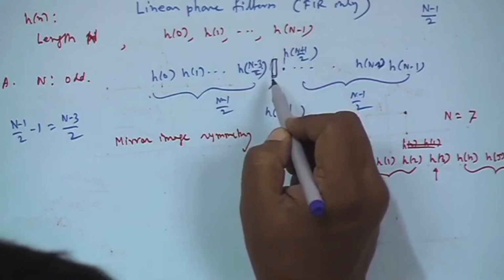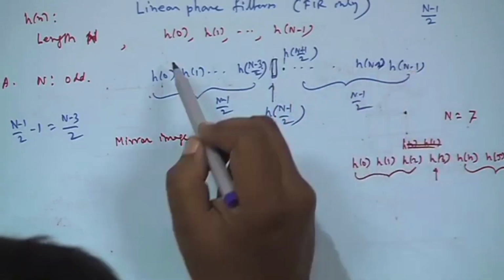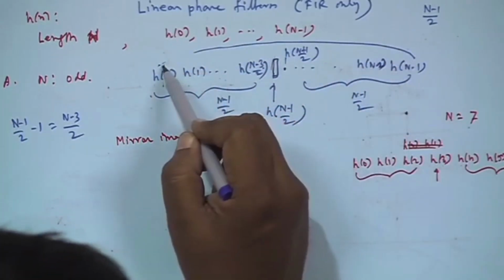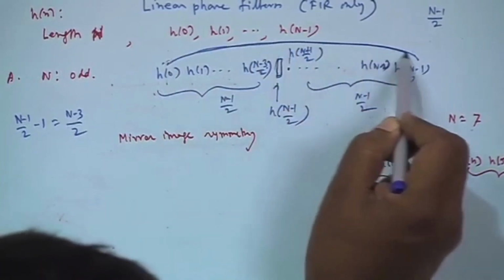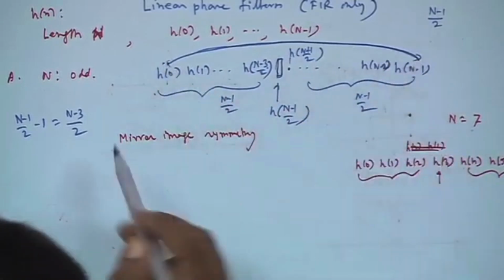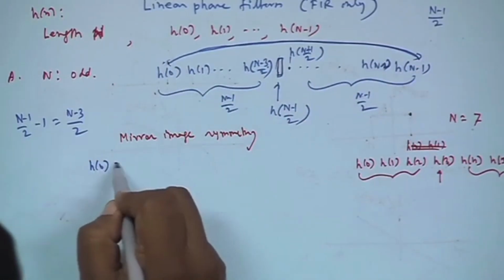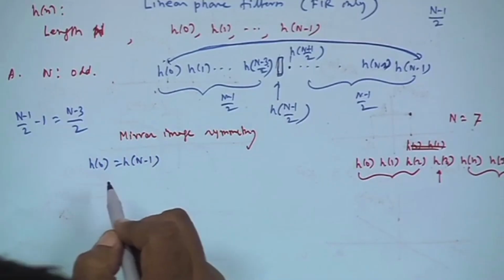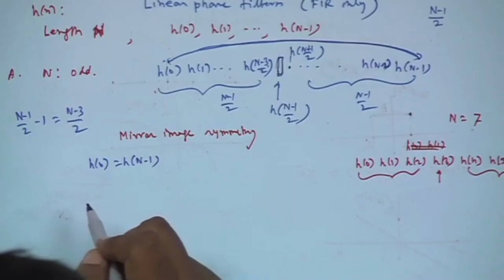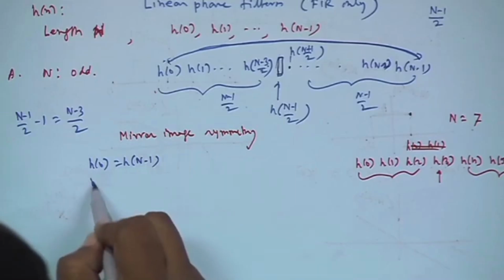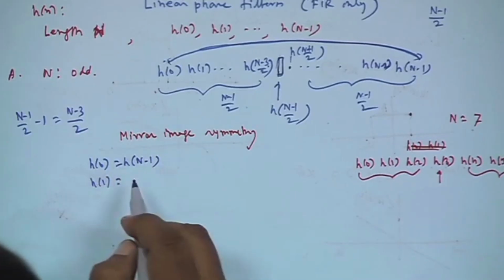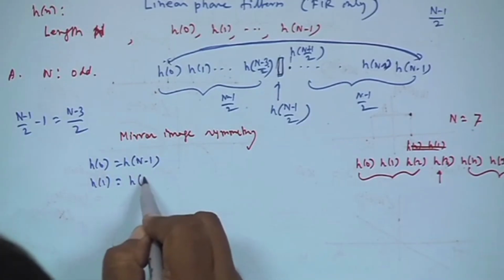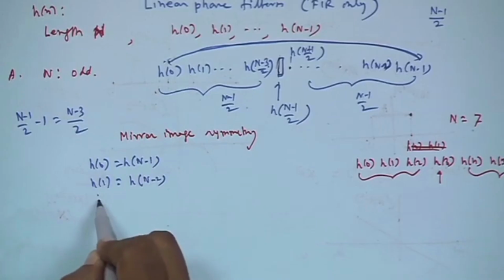So, mirror here means this guy, they are equidistant, so they will be same. H 0 is same as H n minus 1. Then H 1 is same as H n minus 2, dot dot dot.